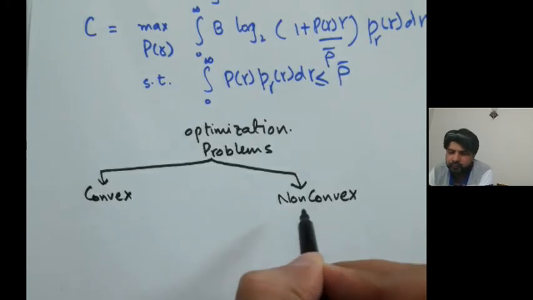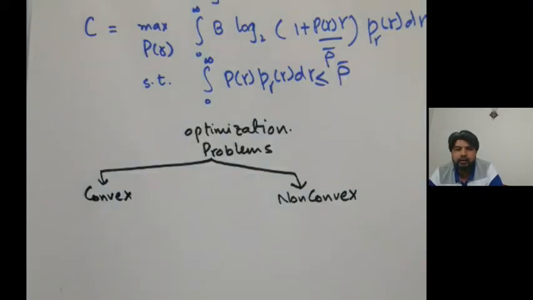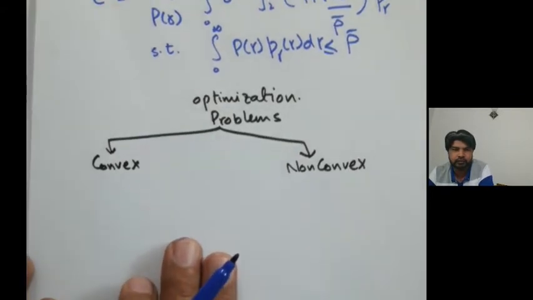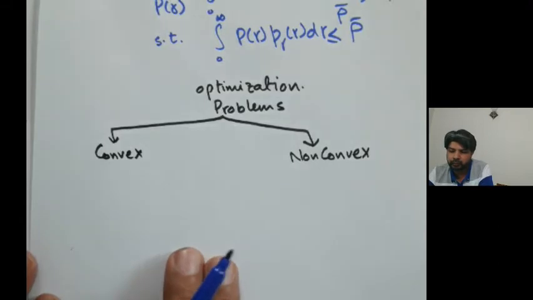Convex optimization problems have a special characteristic that every local minimum is a global minimum. So if your objective function is a convex function, it's easier to compute the optimal point.